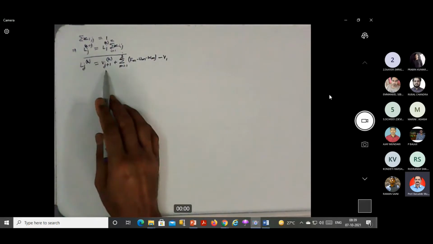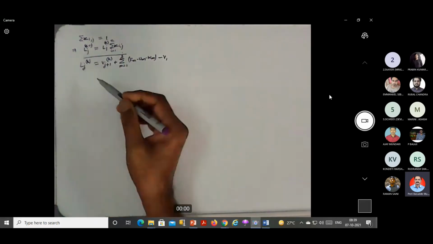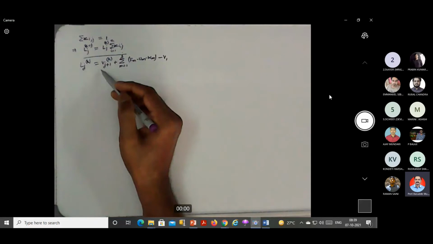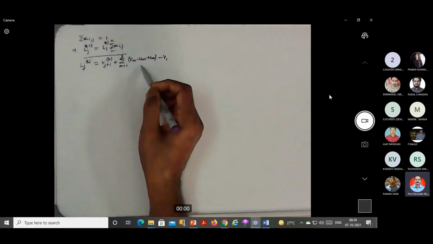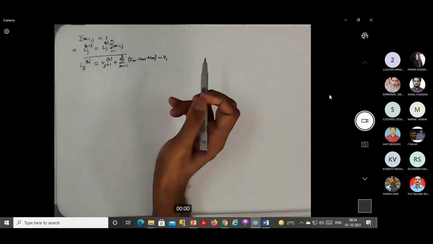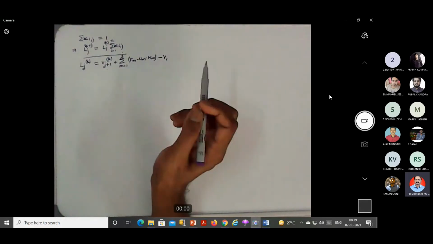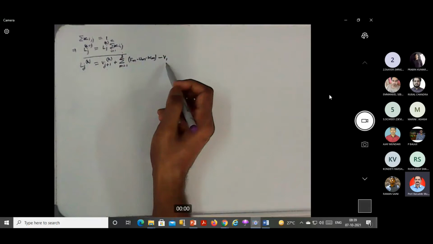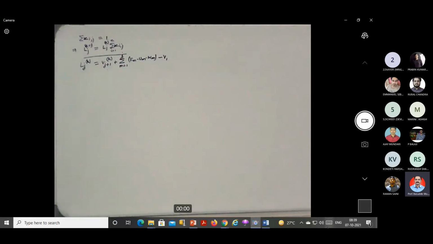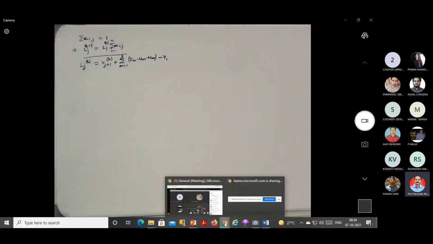Look at the right hand side. We already have guessed the values, so those guessed values you can substitute here. Then these are the input values, so we know all the variables. Then V1 is also specified. Look at the algorithm.